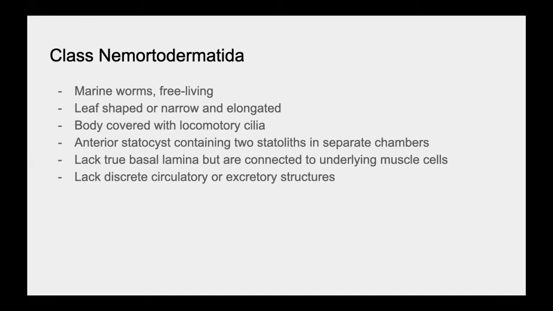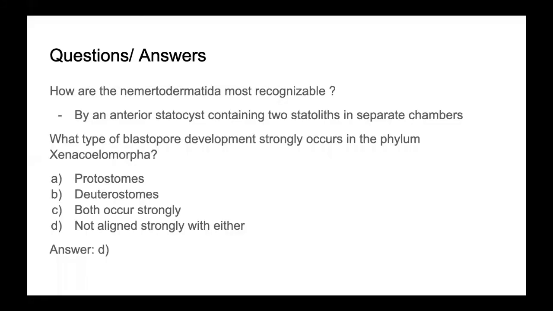So that's the end of the phylum. We went over the phylum, the two subphylums, and the two classes that fall under this phylum. Now we're going to go over two questions so that hopefully you guys understood our presentation, and then you can get a gist of what we went over.